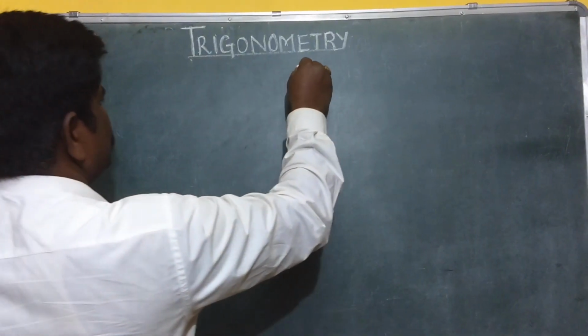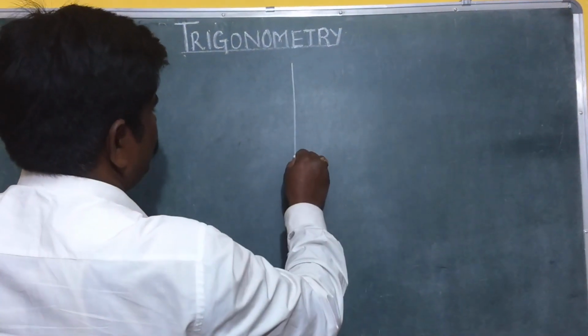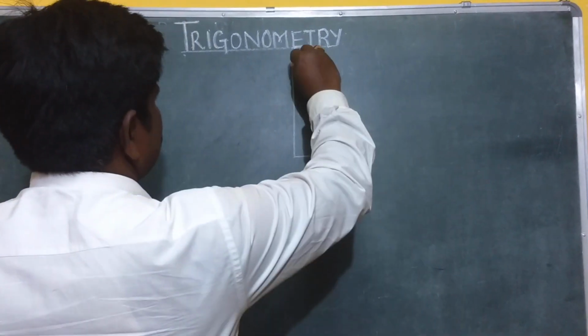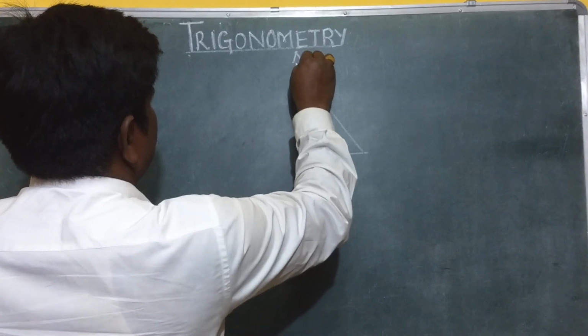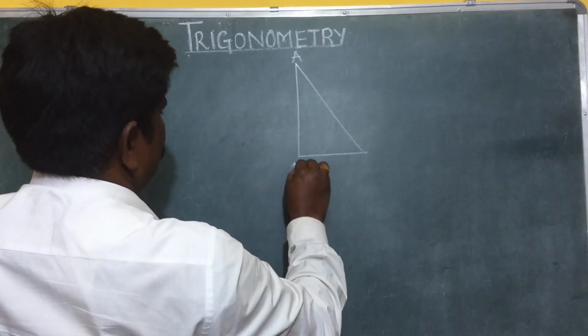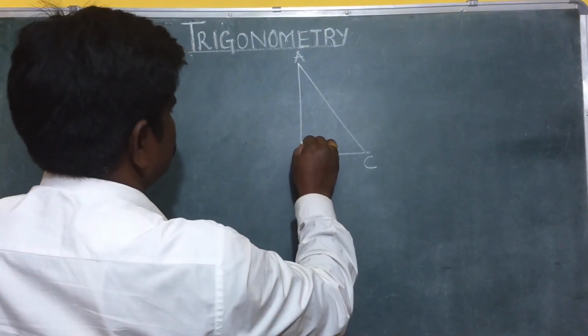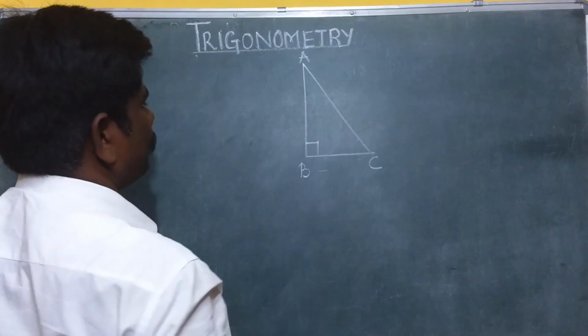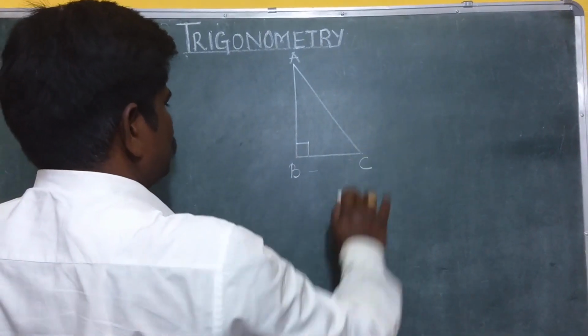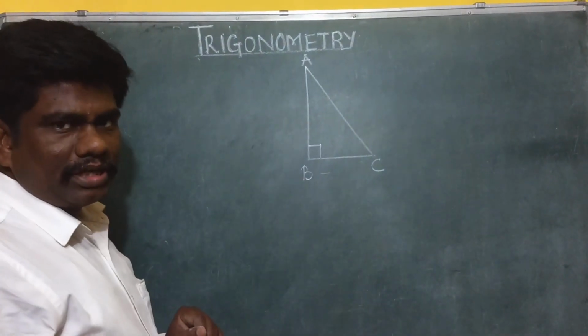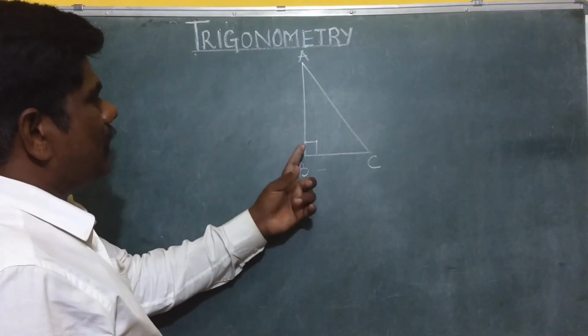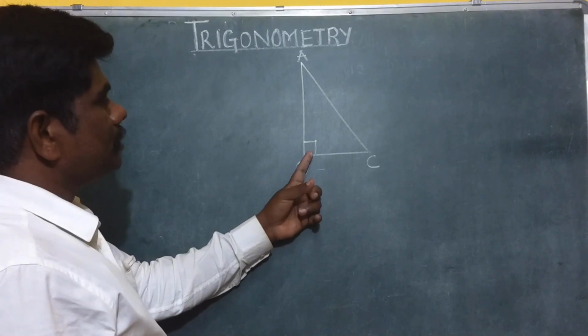Let us consider a triangle ABC in which angle B is 90 degrees. This is called a right angled triangle because angle B is 90 degrees.